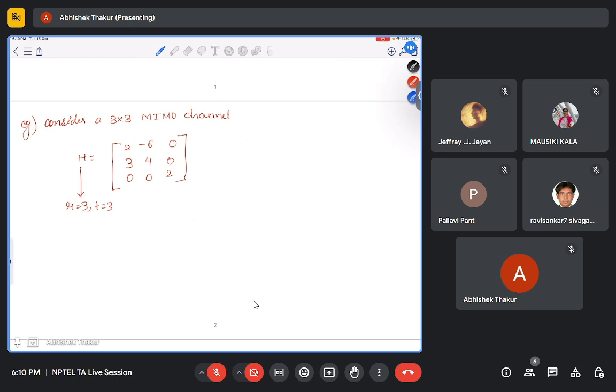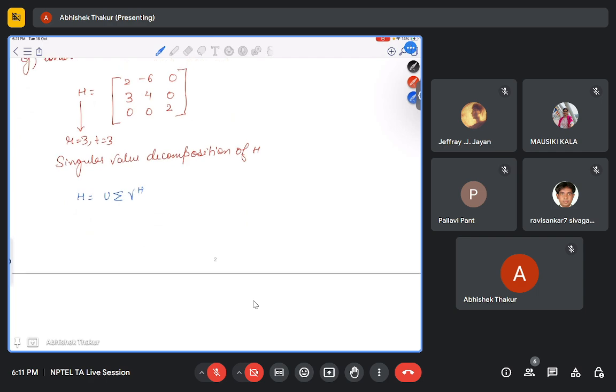So for singular value decomposition, we have to break this H in such a way that it is in the form of U, the covariance matrix, and V Hermitian.